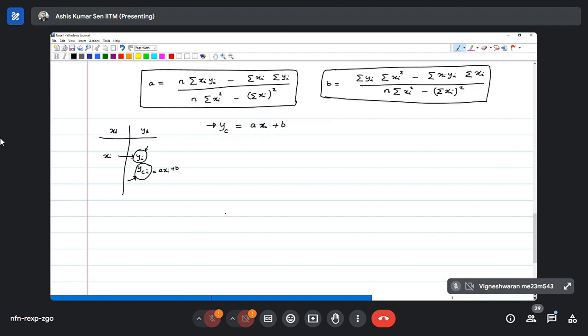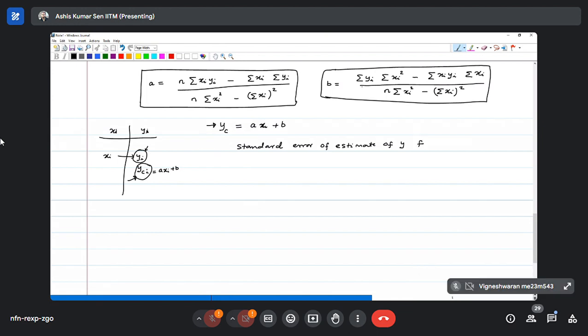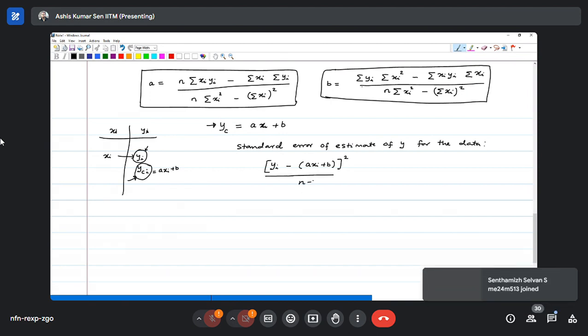Okay. So you can estimate the standard error. The standard error of estimate of y for the data by definition is given as yi minus axi plus b, whole square, divided by n minus 2, to the power half.